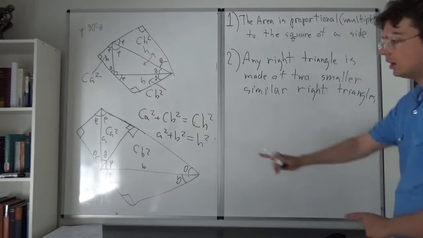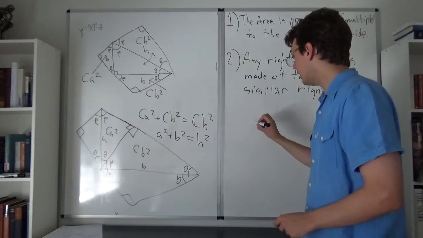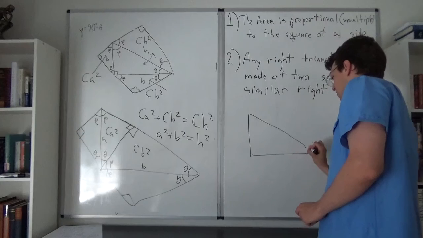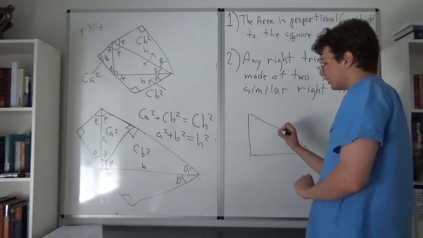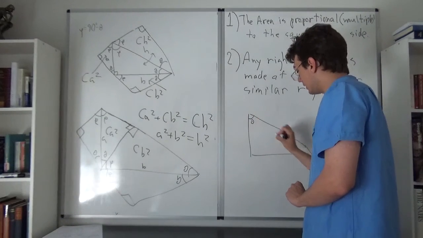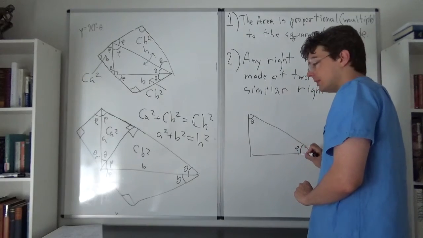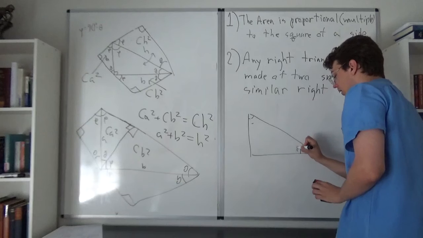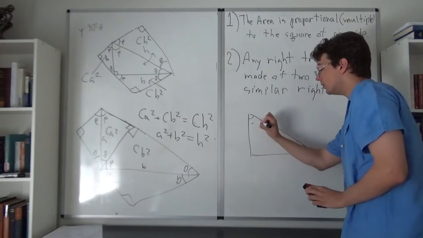As in, if you have a right triangle here, just any old right triangle that you want, and this side is theta, and this side is its supplement, phi. I'll do it the other way around, just so I'm not so confusing.